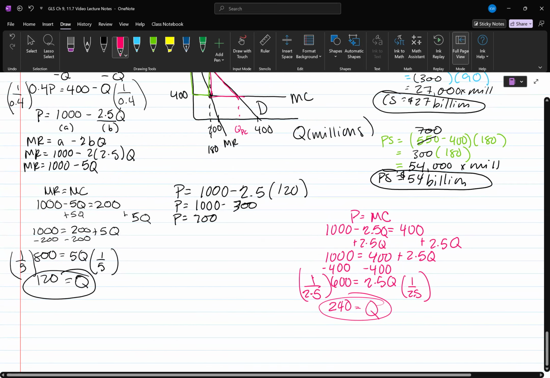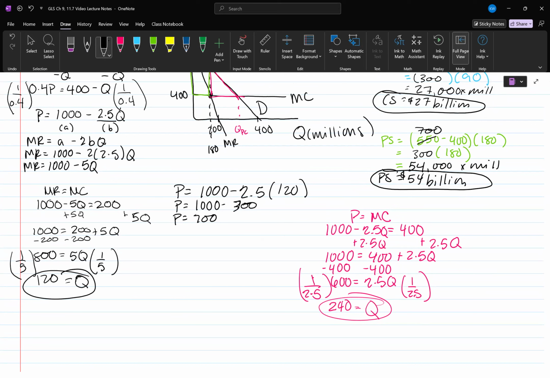Now let's finish up with deadweight loss. So for deadweight loss, we've now found our amount that firms produce under perfect competition. It's going to be 240. Okay.